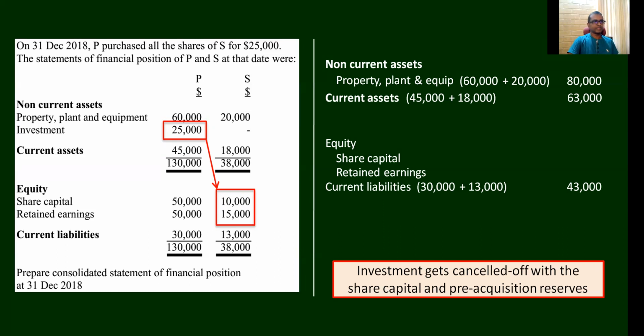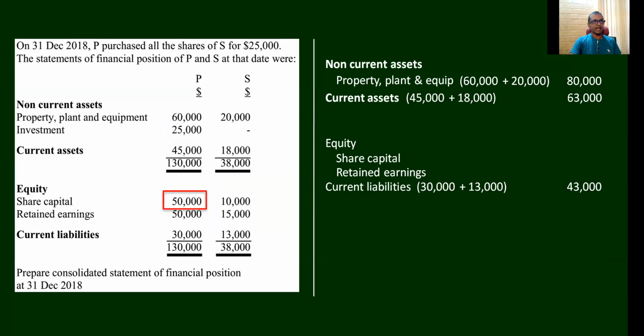So since this 10,000 and 15,000, look at this 10,000 and 15,000. Since this 10,000 and 15,000, share capital of S, pre-acquisition reserves of S gets cancelled off, right? As the share capital of the consolidated financial statement, only this 50,000 we show. So in the consolidated statement of financial position, we put this 50,000.